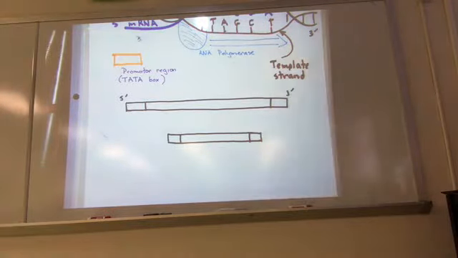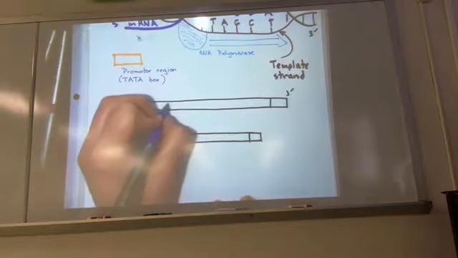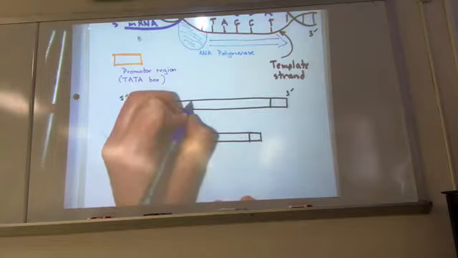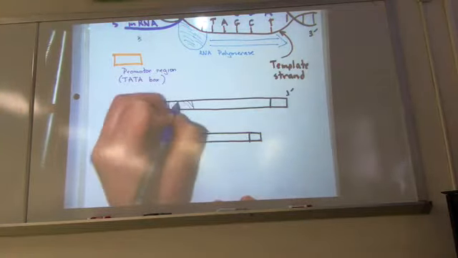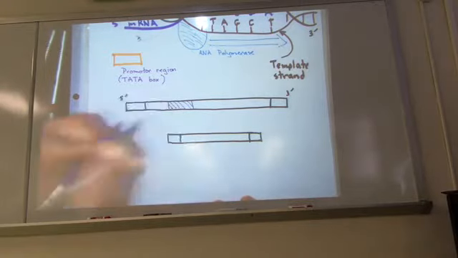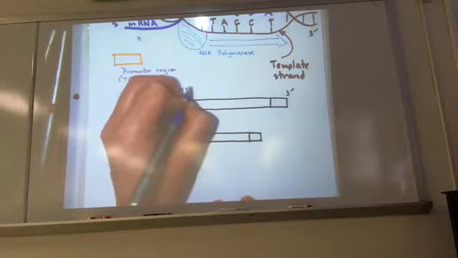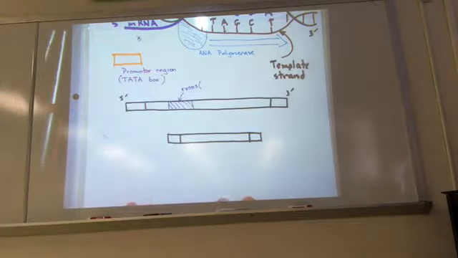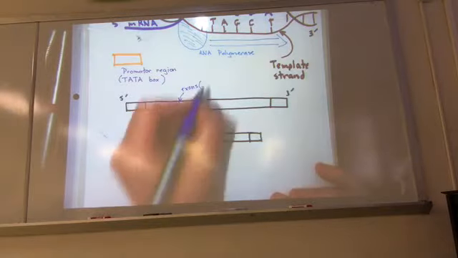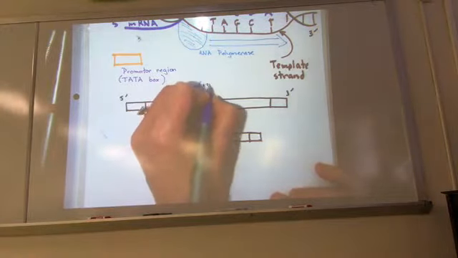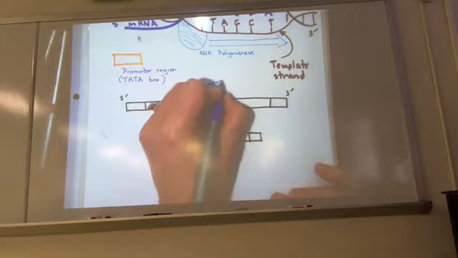So we'll have some regions that are shaded in here. And I'm going to call this shaded region my exons. Remember, the exons are the segments of mRNA that are going to get expressed. So those are the ones we want to keep.